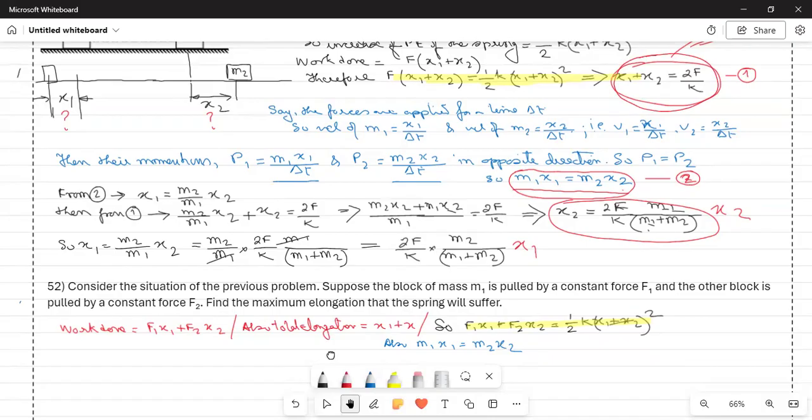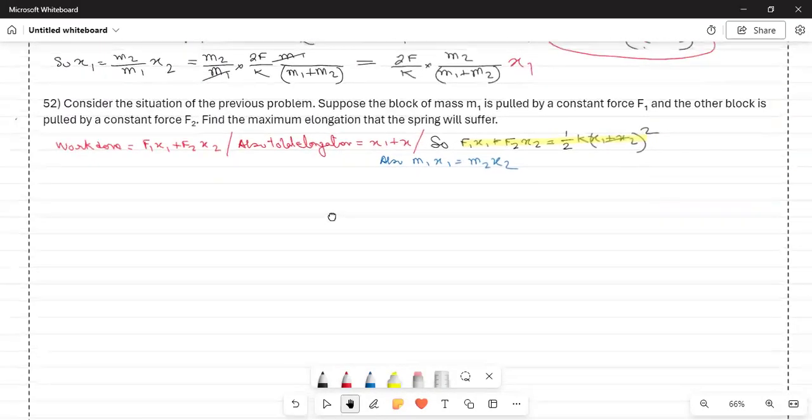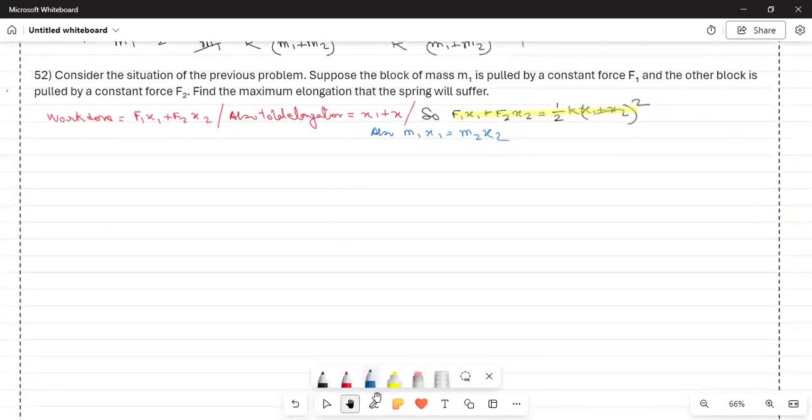In that case, now we just solve the equations like we have done earlier. From here we get, similarly, x1 is equal to m2 by m1 x2. Now we go to equation 1.